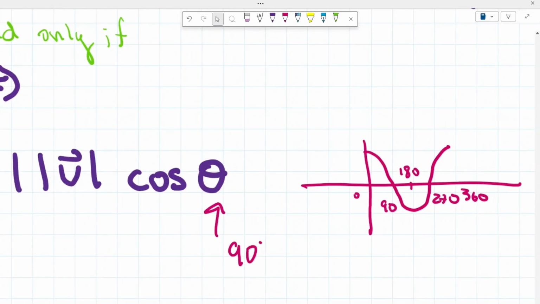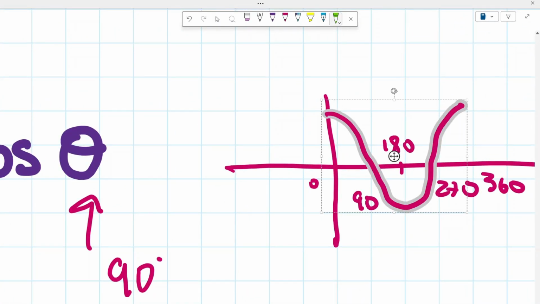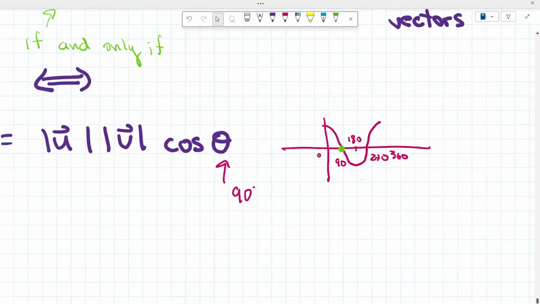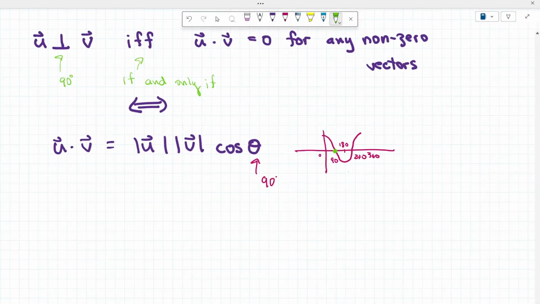At 90 degrees, our cos function is what? It's equal to 0. So if cos is equal to 0, our whole dot product goes away and is equal to 0. That makes a lot of sense.